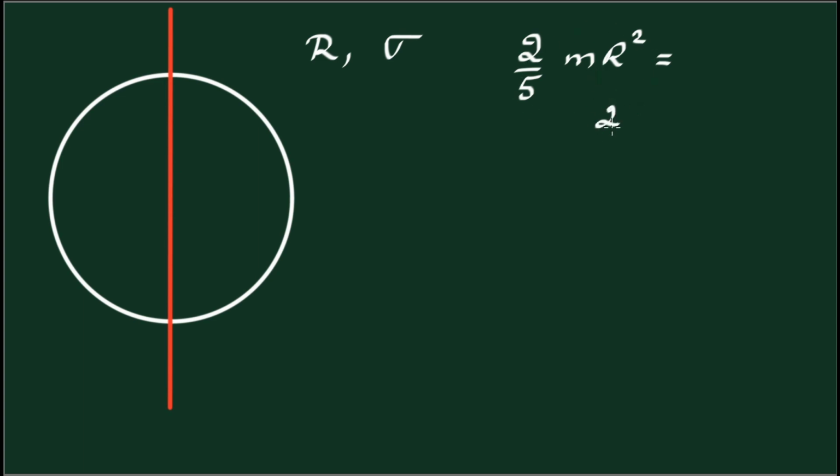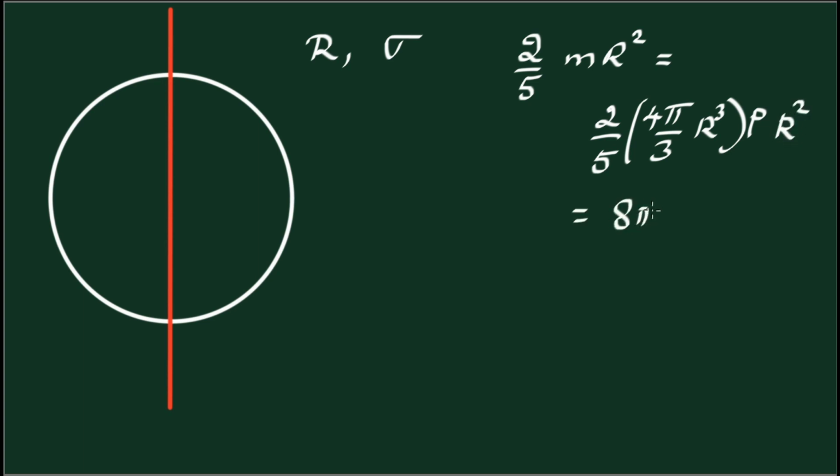It's going to be 2 by 5. The mass of a solid sphere is going to be its volume 4 pi by 3 r cube times density, that's the mass, times r squared. That's going to be 8 pi by 15 r to the power of 5 times rho.